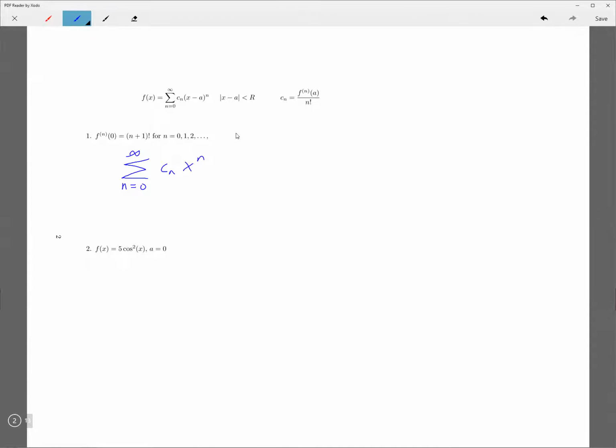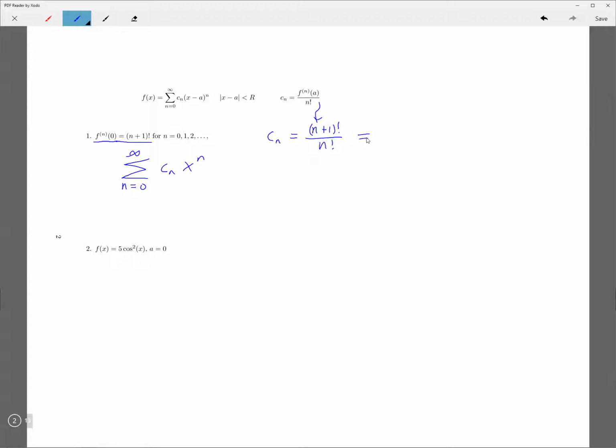But in this case, if the nth derivative of f at 0 is n plus 1 factorial, then what's Cn going to be? Well, that's going to be just applying this formula here. It's going to be n plus 1 factorial over n factorial.